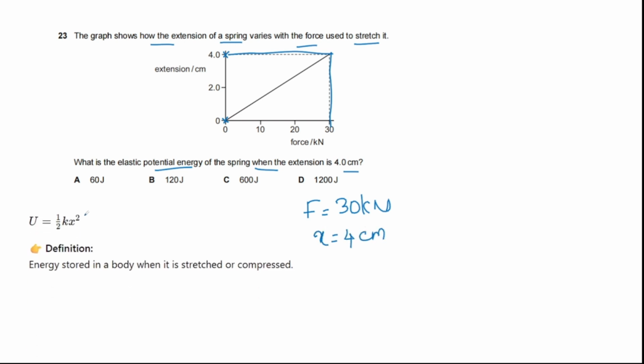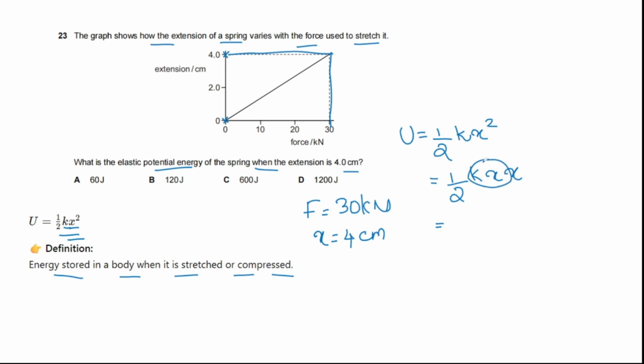So we can use the formula for the elastic potential energy, which is the energy stored in a body when it is stretched or compressed. So here the x is representing the extension and K is the spring constant. You can directly use this by finding the K value and substituting, or otherwise we can have another rearrangement of the formula by just splitting the extension as x times x.